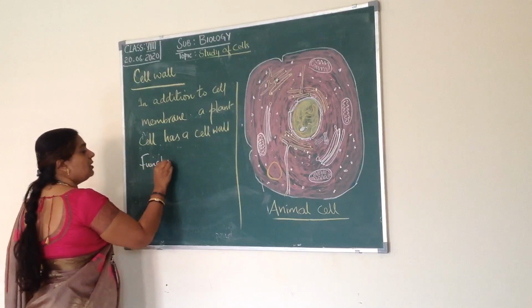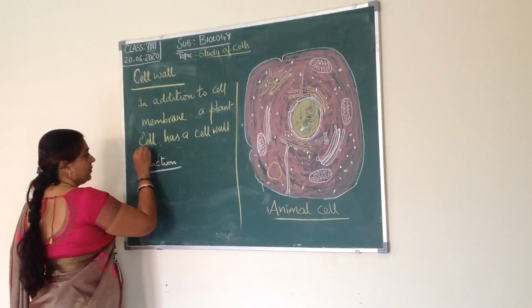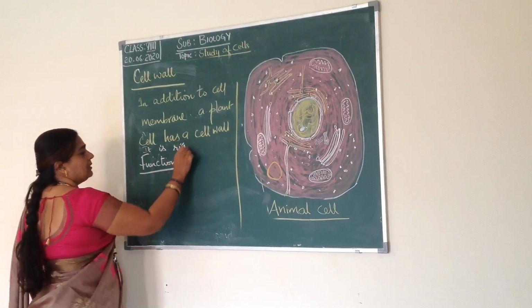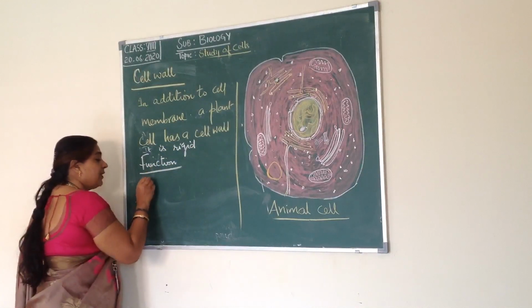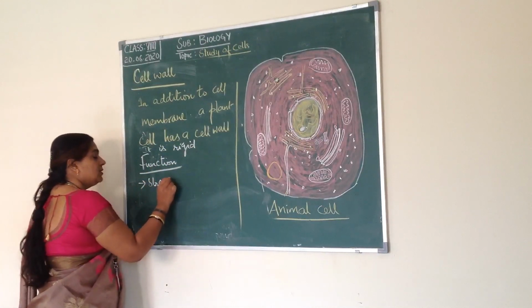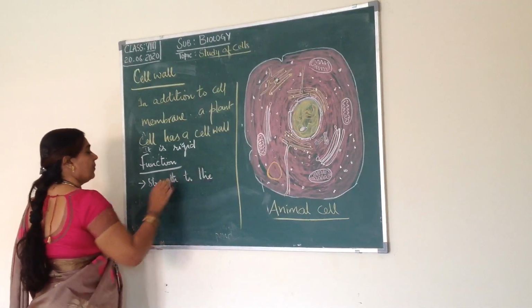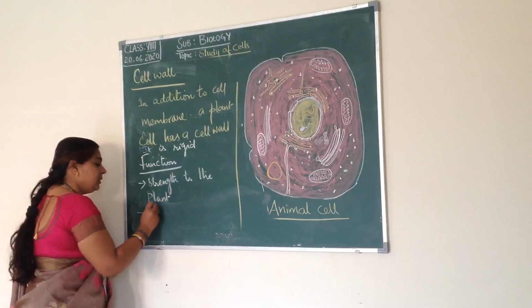The cell wall is very rigid. As it is rigid, it gives strength to the plant. It provides protection.